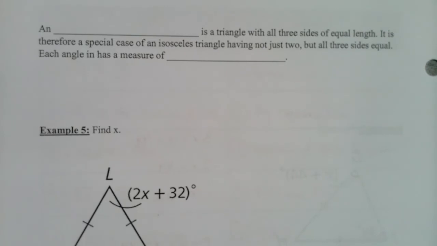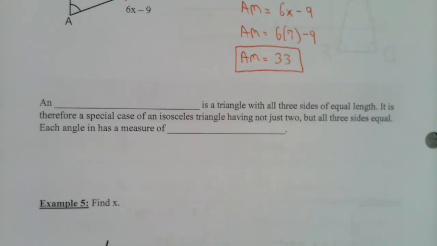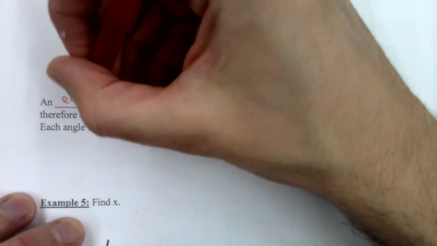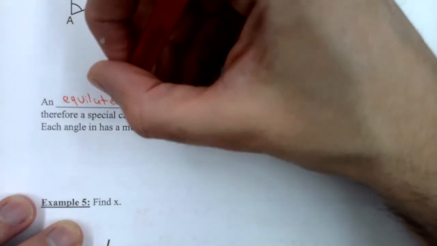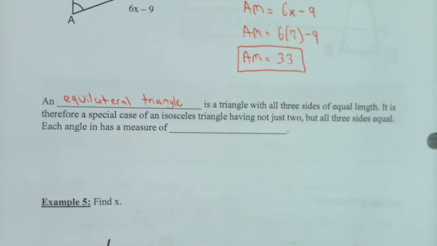Okay, one more definition and one more example. An isosceles triangle we talked about earlier has two sides congruent. An equilateral triangle has all three sides congruent. An equilateral triangle is a triangle with all three sides of equal length.